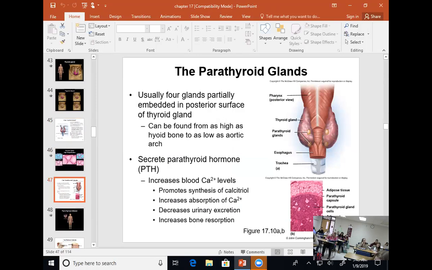But on the posterior aspect of the thyroid are these 4 tiny little glands. They're called parathyroid glands because they're neighboring. Para means neighboring, near, next to, beside, right? These glands are sitting right there, cozy. These secrete something called parathyroid hormone.